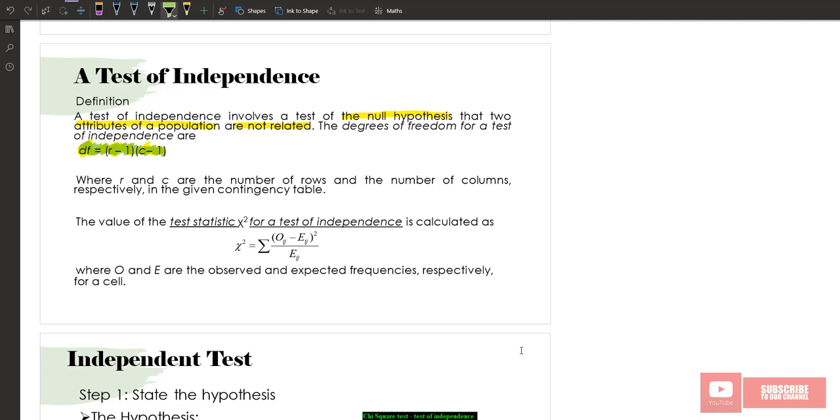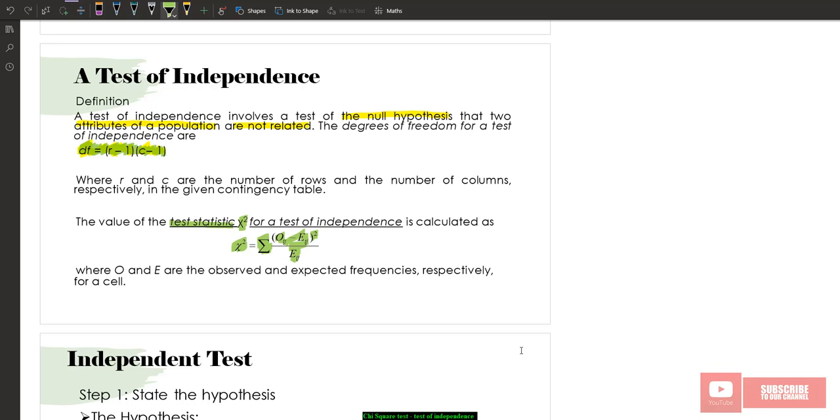The value of the test statistic is a chi-squared value, and the formula is the same: the summation of observed frequency minus expected frequency, squared, divided by the expected frequency. So this is the basic concept of the test of independence.